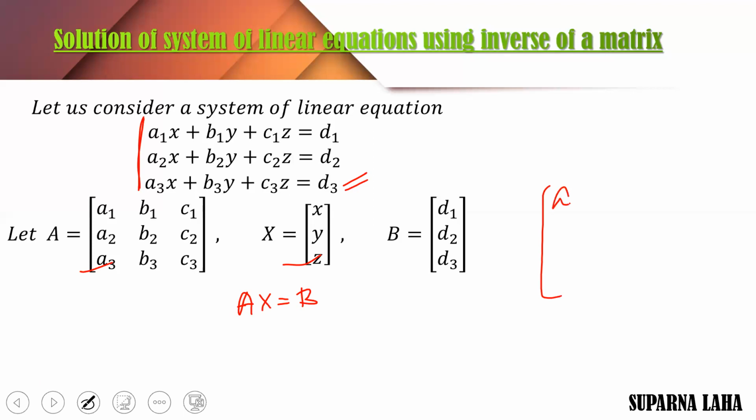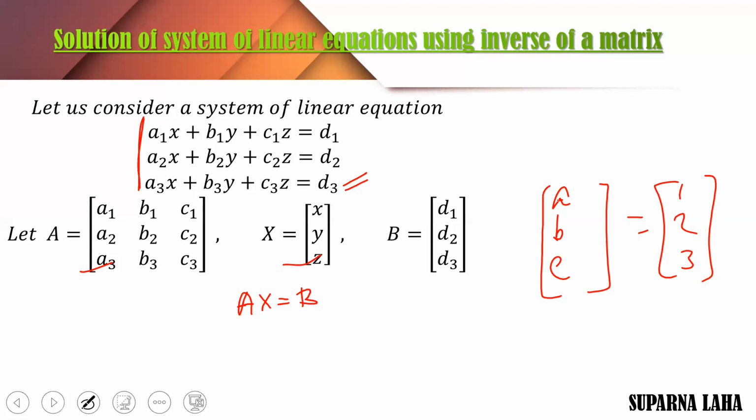If this a, b, c is equal to 1, 2, 3, that means a is 1, b is 2, and c is 3. You know how to find the equality of these two matrices. So this is the representation of the system of linear equations in the form of a matrix.